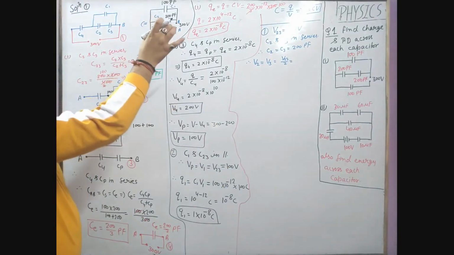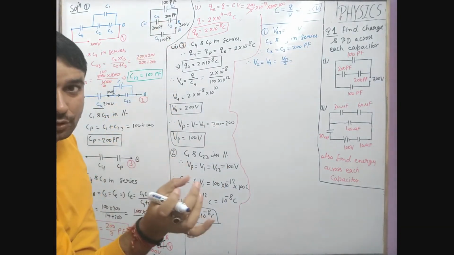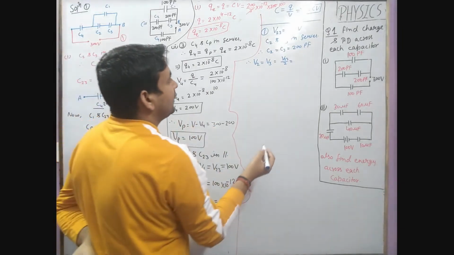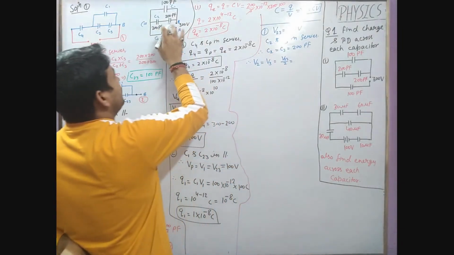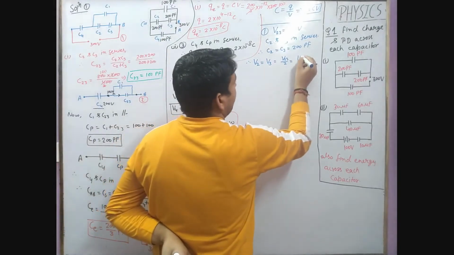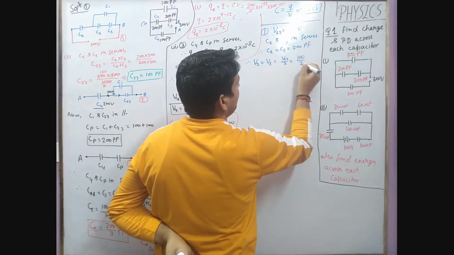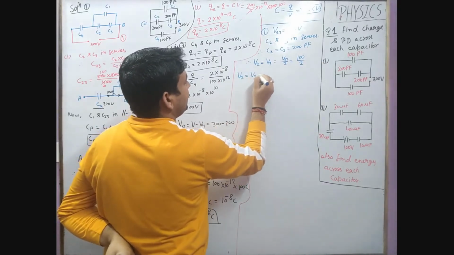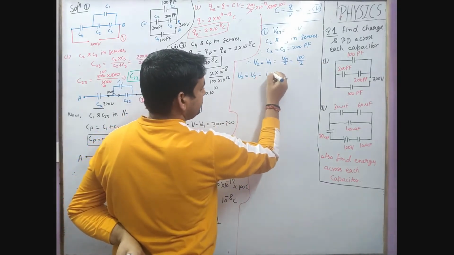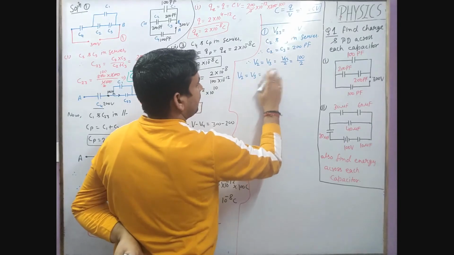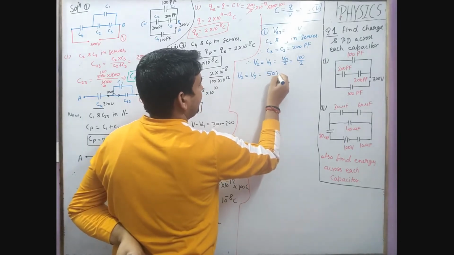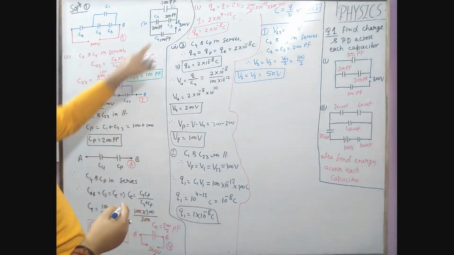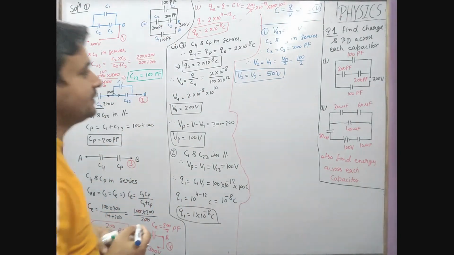In series combination the potential will distribute, and here the values are equal, therefore 100 upon 2, which means V2 equal to V3 equal to 50 volt. This is the distribution of voltage across C2 and C3.